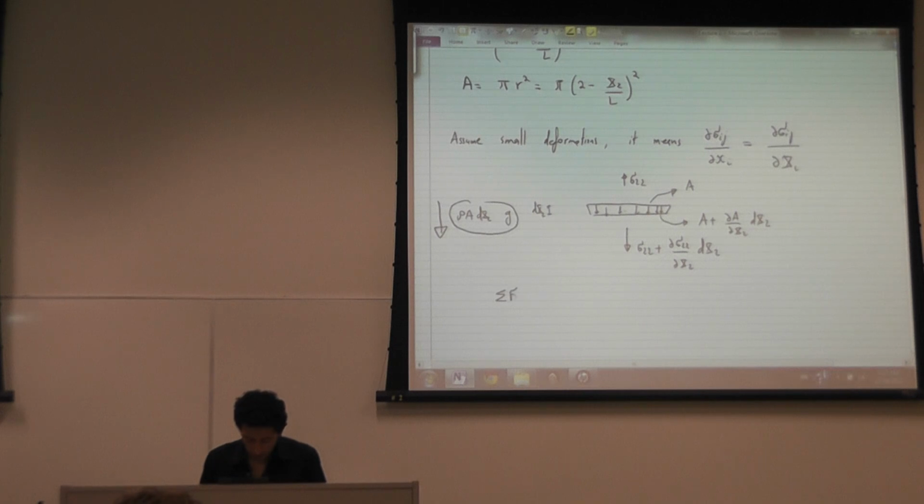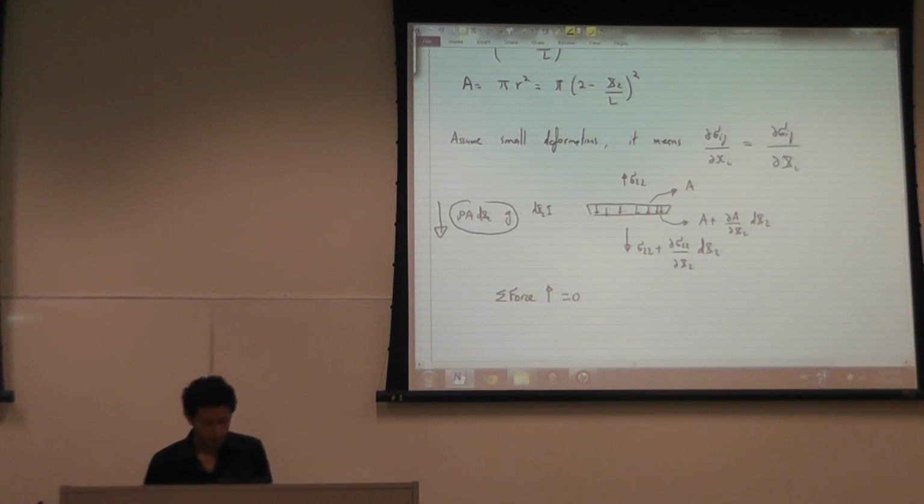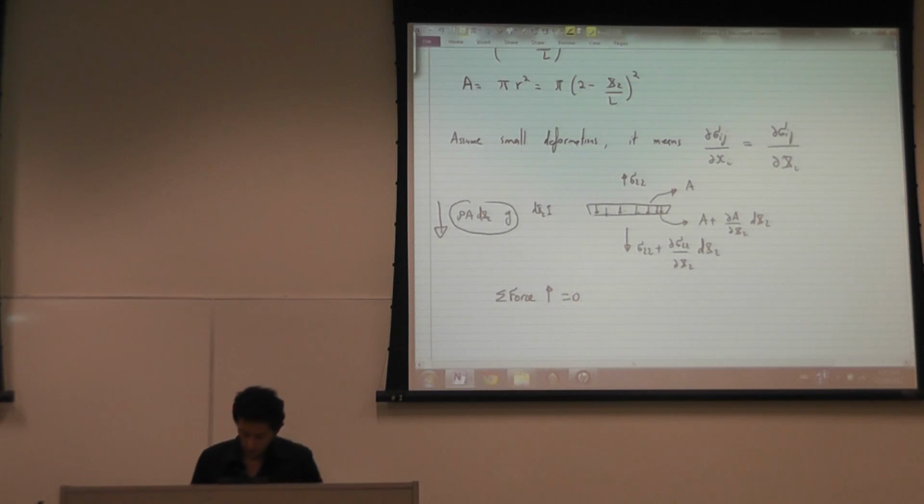Sum of forces in the vertical direction equal to 0. Sigma 2 multiplied by a negative. Let's make this a positive.